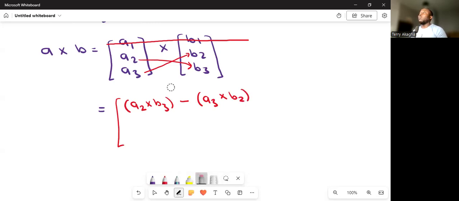Then you go back, you repeat the same thing. You cancel this out. Take another straight line and you cross out the second one. Then when you're done with that, you multiply A1 and B3, and then you multiply A3 and B1. Are you seeing it?